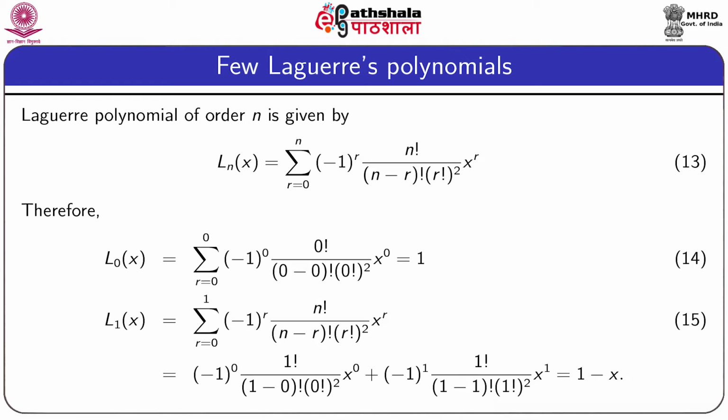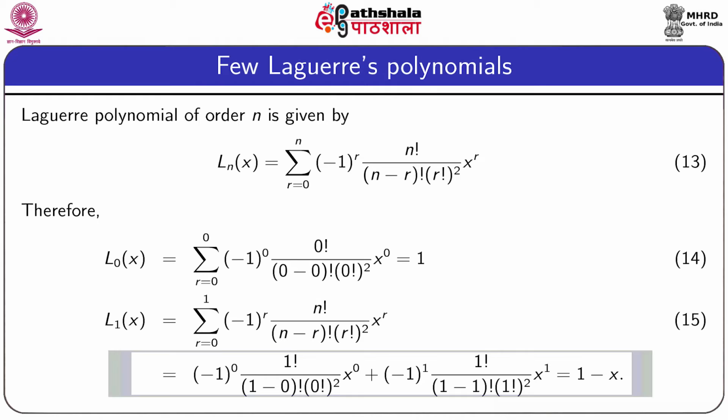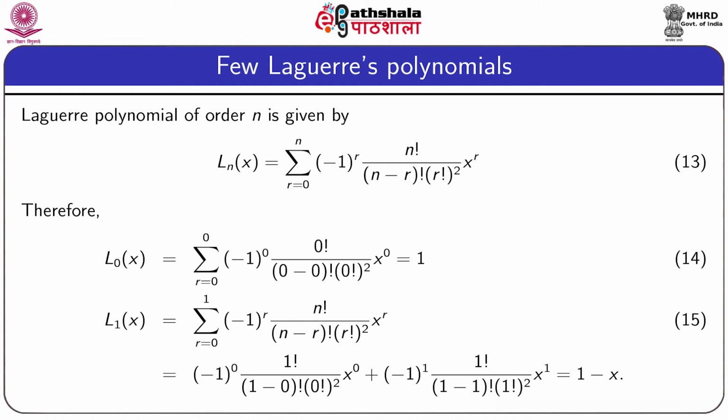If you expand this, for r equal to 0, it is (-1)^0 · 1! divided by (1 - 0)! · (0!)^2 · x^0, plus for r equal to 1, it is (-1)^1 · 1! divided by (1 - 1)! · (1!)^2 · x^1. If you simplify this, it is going to give you 1 - x. So, L0(x) is 1 and L1(x) is 1 - x.